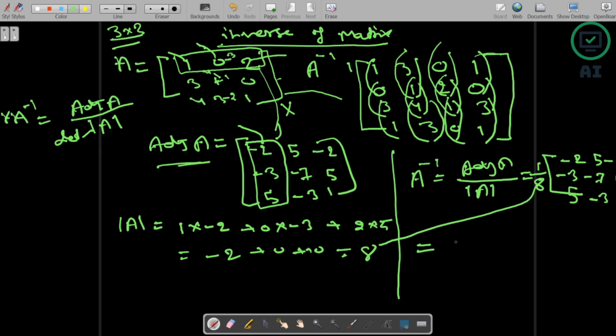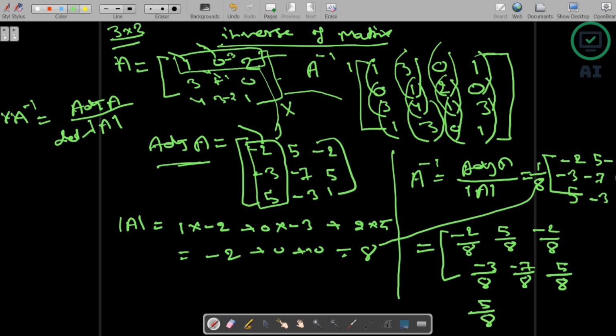So the matrix is -2 by 8, 5 by 8, -2 by 8, -3 by 8, -7 by 8, 5 by 8, then again 5 by 8, -3 by 8 and 1 by 8.